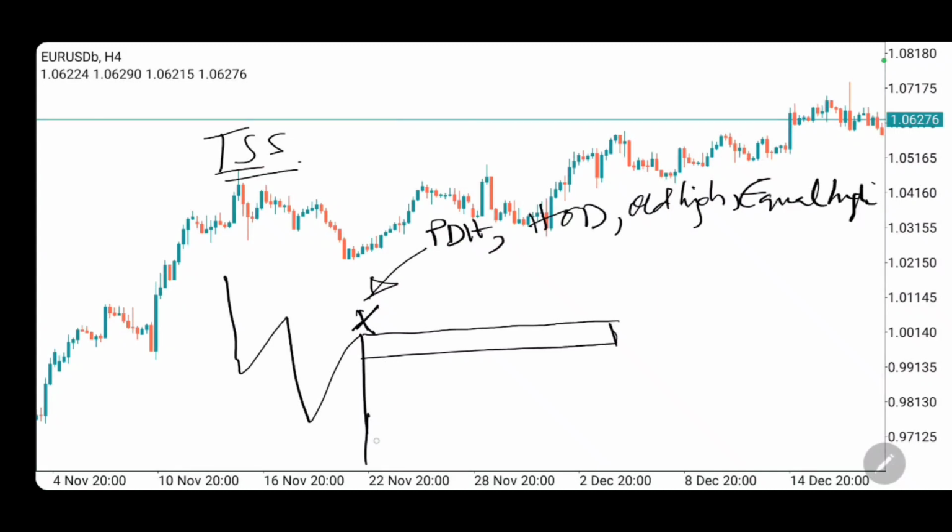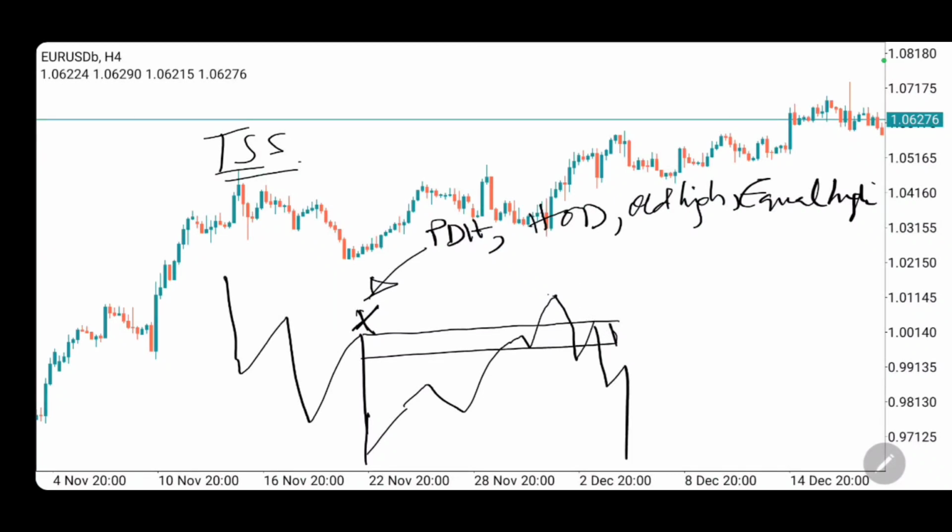These are liquidities, and so the market comes to the zone, breaks the liquidity and comes down.